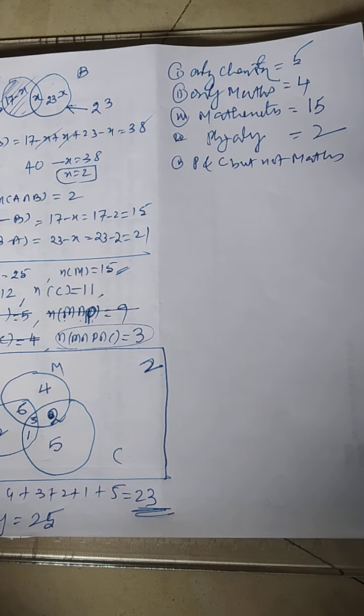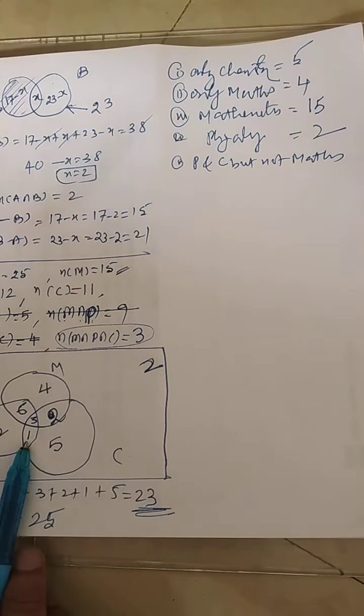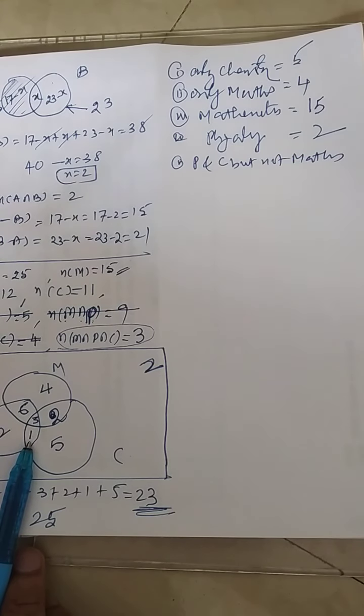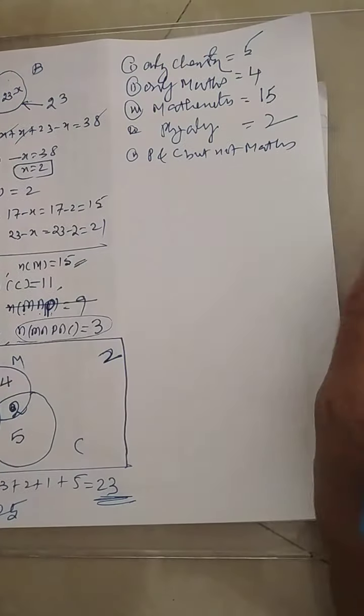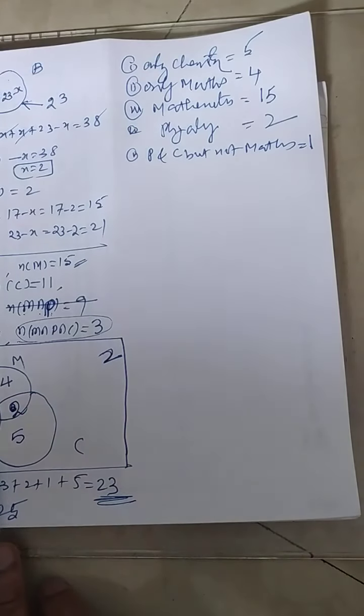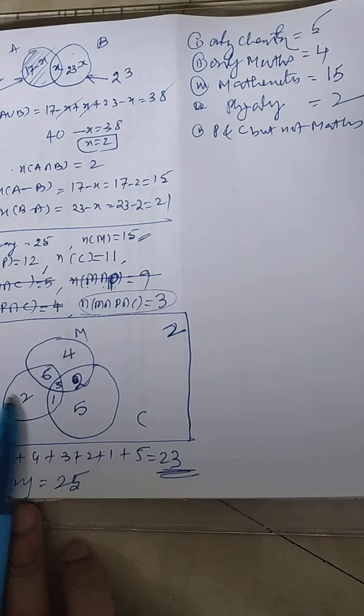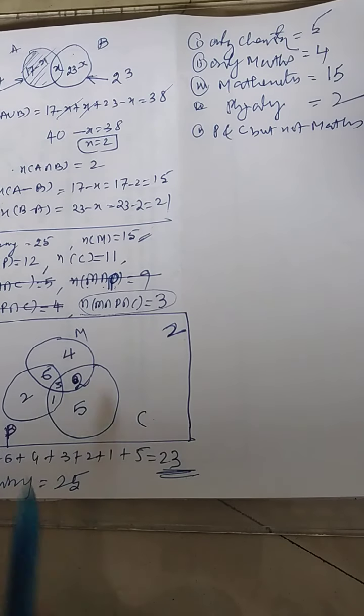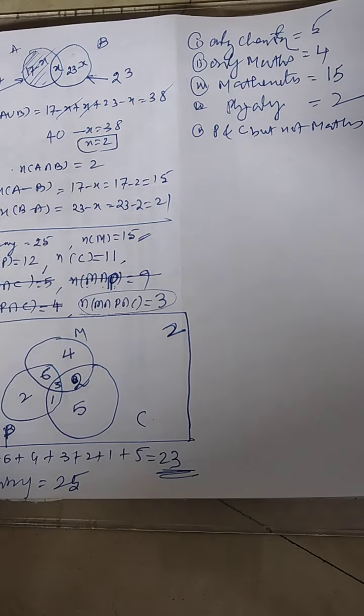Physics and chemistry but not maths. This is the portion. So the number of elements over here is 1. Physics and chemistry is taken, look here, the physics and chemistry section but not maths. Is it okay? So this is a way of identifying the question.